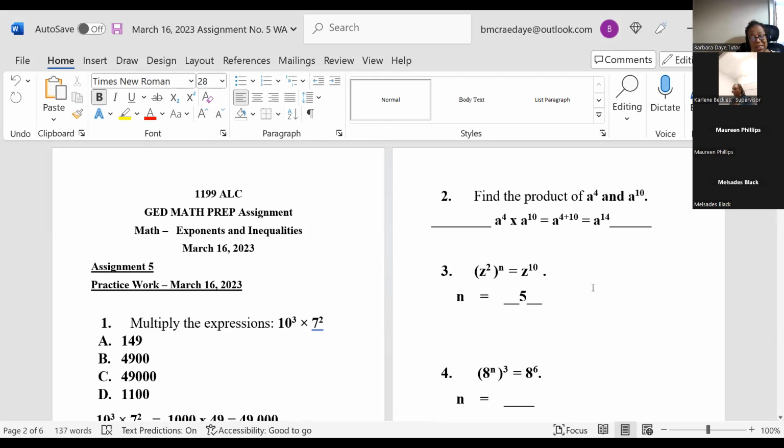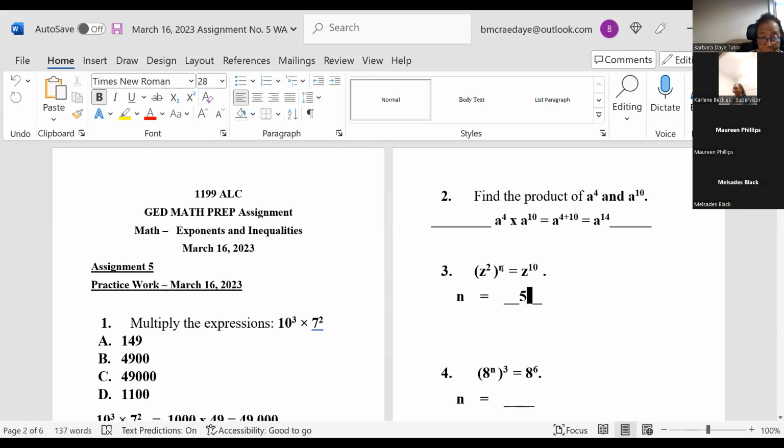Miss Mercedes, Barbara, you got it? Questions? The answer is n equals 5. Is that clear? All right. This is just what we've been doing, except instead of a number here, we put a variable.